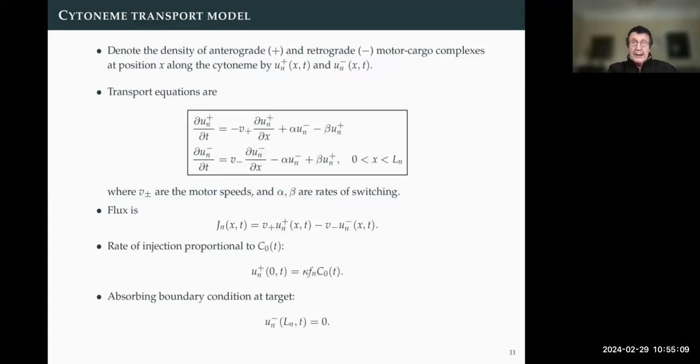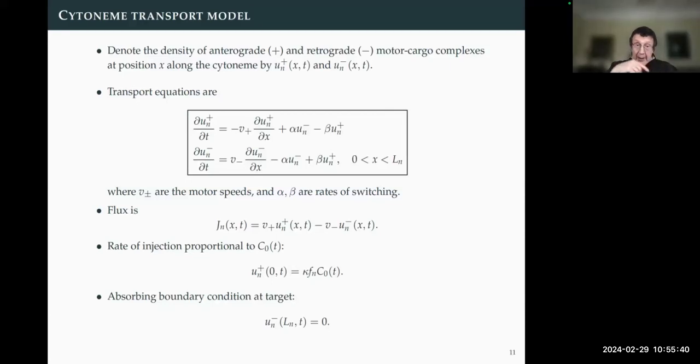The classical transport equations are basically these advection equations, and these come up a lot. They're also used to describe the growth and shrinkage of microtubules in catastrophes and so forth. So these are velocity jump processes, and the idea is that you have two populations. You have a population of motors along the nth cytoneme moving towards the target cell, anterograde transport, and then another population moving back to the source cell, retrograde transport.